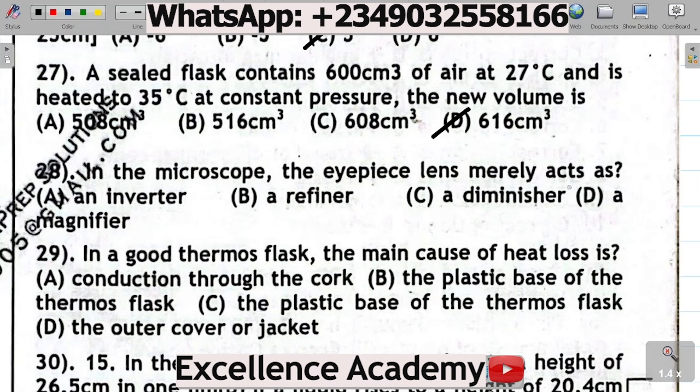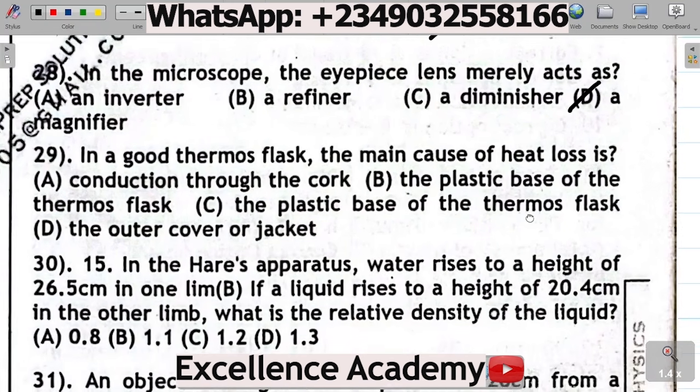You want to note that the function of a microscope is to make smaller objects look bigger. And for that to happen, the eyepiece lens must act as a magnifier. So the correct answer there is D, a magnifier.